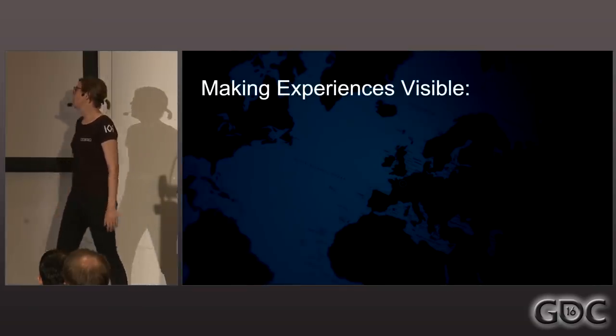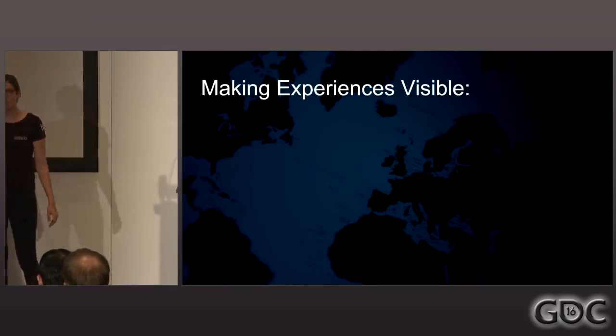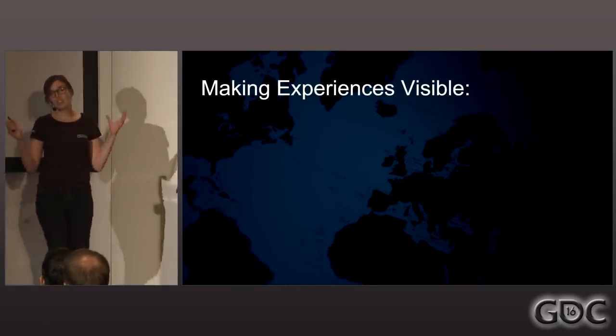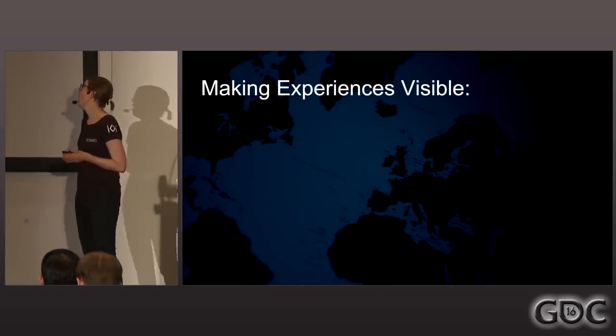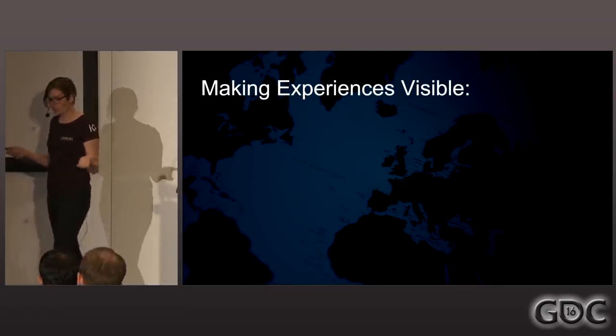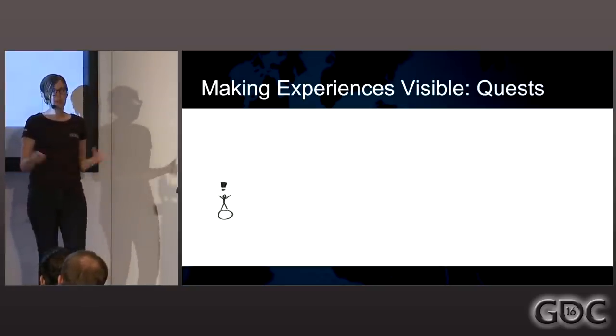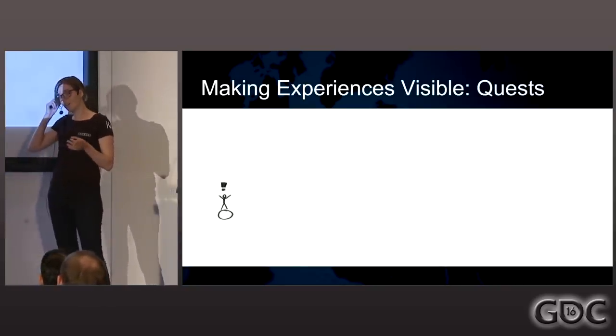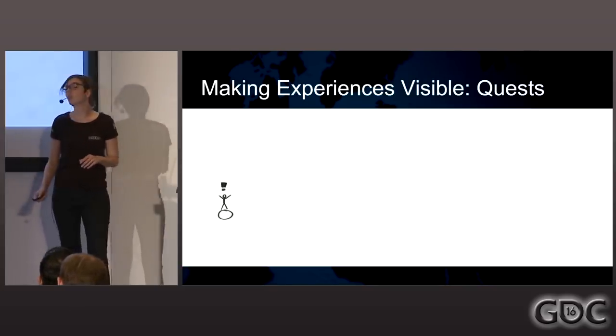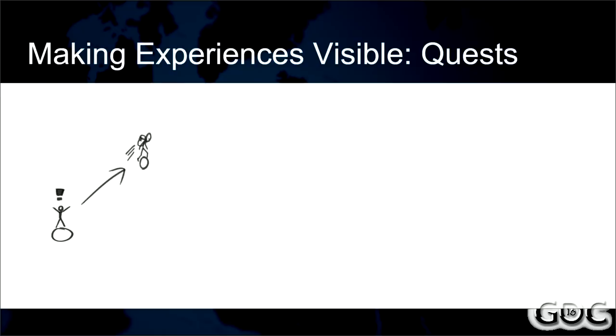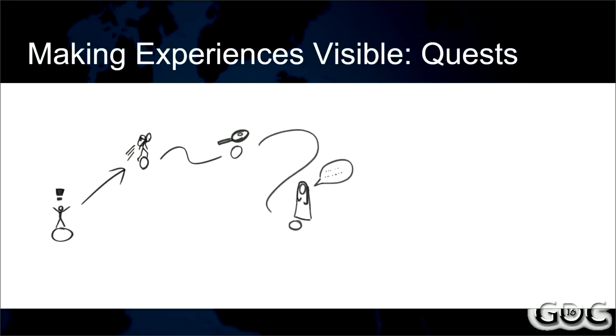Now we just have to concentrate on making these experiences visible, as I mentioned about this iceberg that we had to illuminate somehow. If you look at other games that are doing the same, they often make quests. If we look at a quick breakdown of a quest, you often have a guy saying, hey, I have information for you, there's something cool over there, you can go and get it. You travel great distances, and you may find a clue that will unlock a conversation with a person somewhere else.